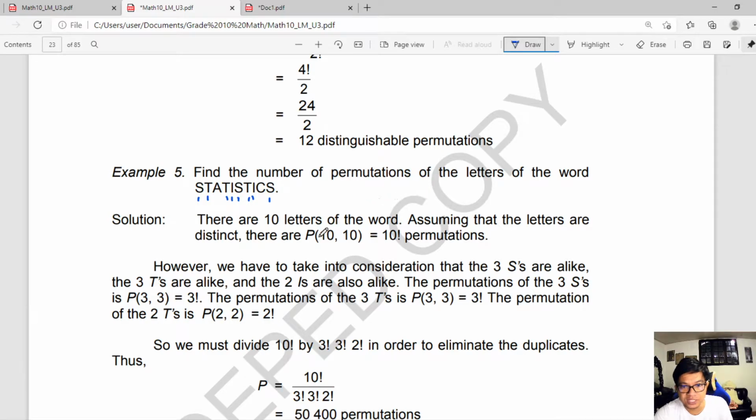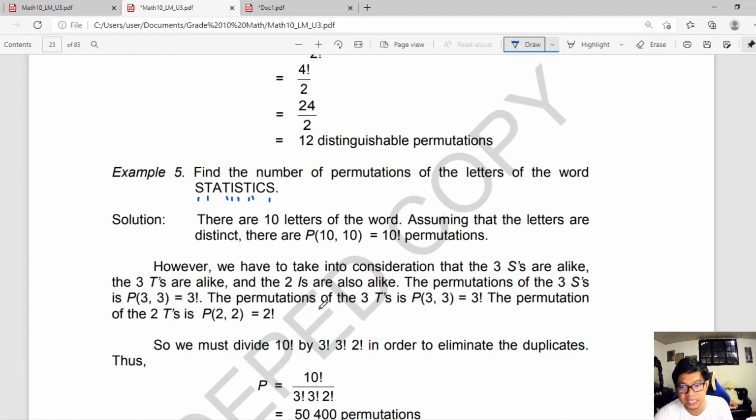Assuming that the letters are distinct, so iba-iba, there are permutation of 10 taken 10 at a time, so that is 10 factorial. So 10 times 9 times 8 times 7 times 6 times 5 times 4 times 3 times 2 times 1.